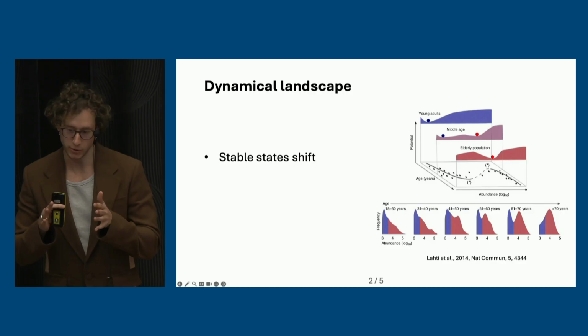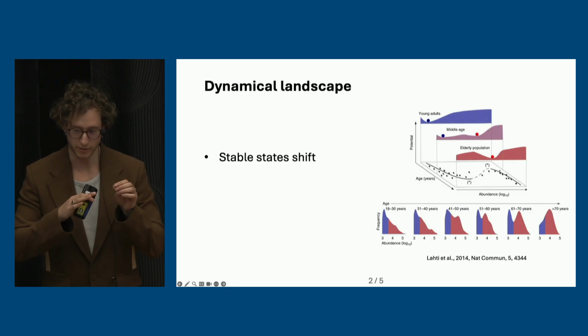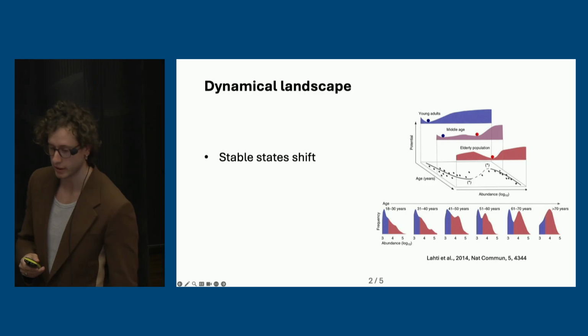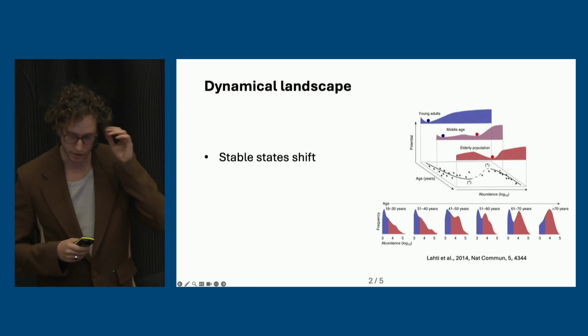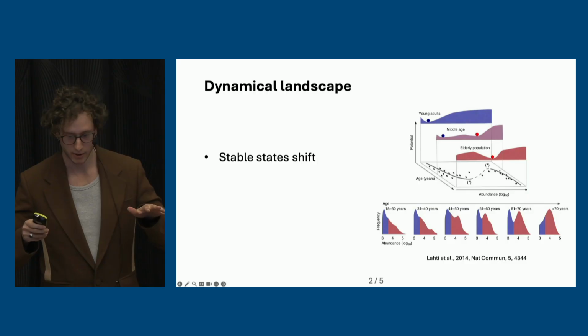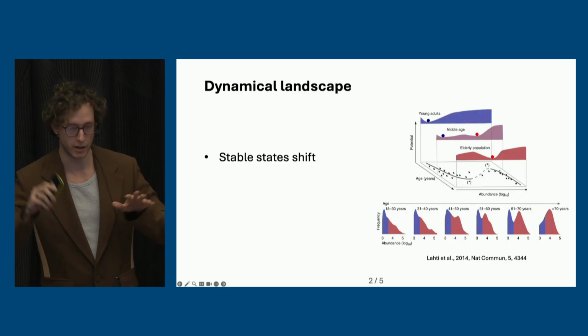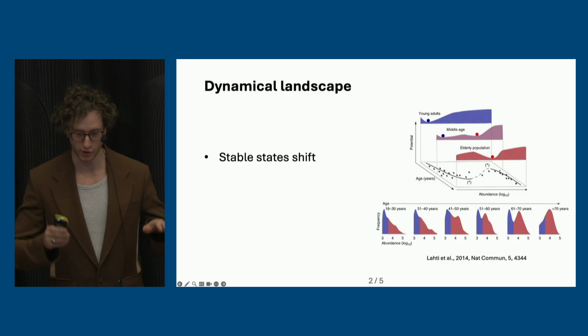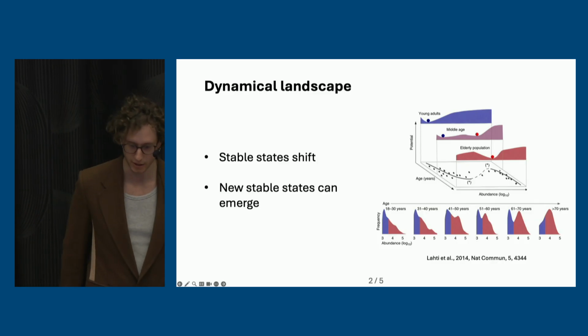As you get older, the stable state shifts and then breaks into two, and then in the elderly population we see one again. So these are the different things that we expect to see, and this is what we want to reconstruct. We want an entire 2D grid where we have the landscape as a function of age and abundance. So yes, new stable states can emerge and they move.